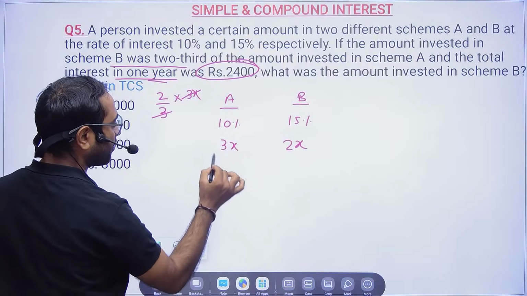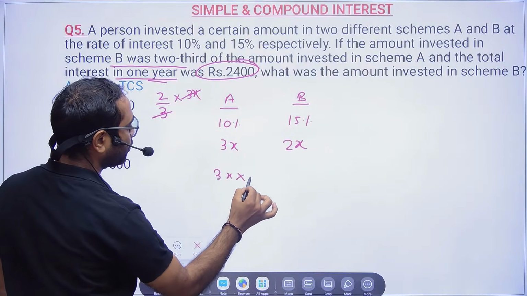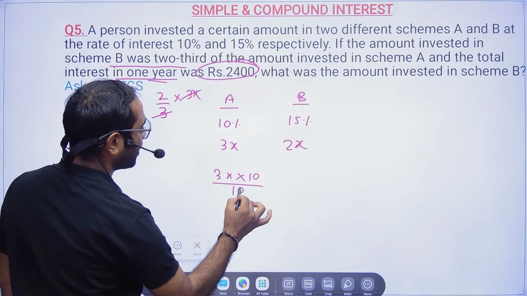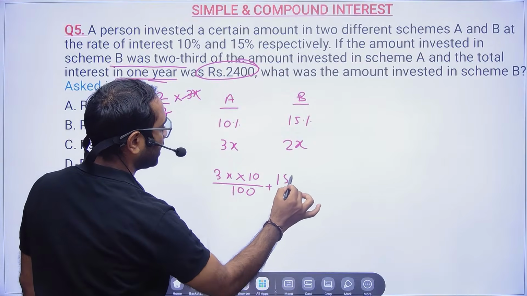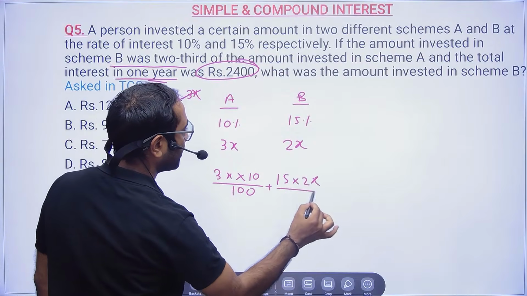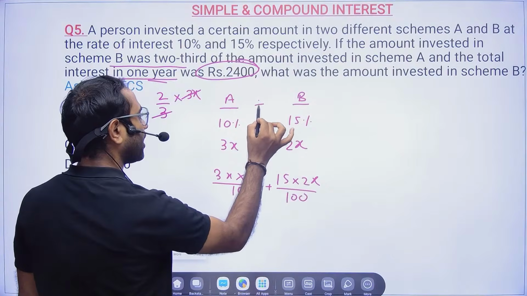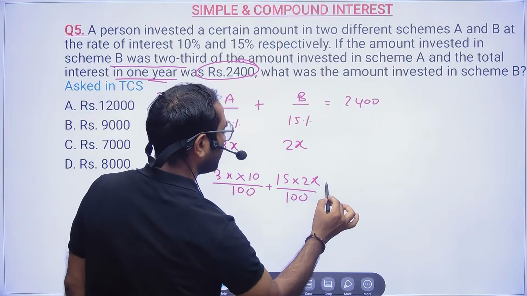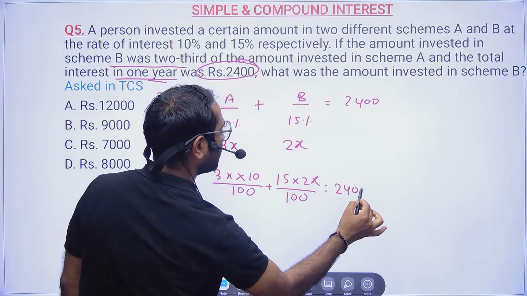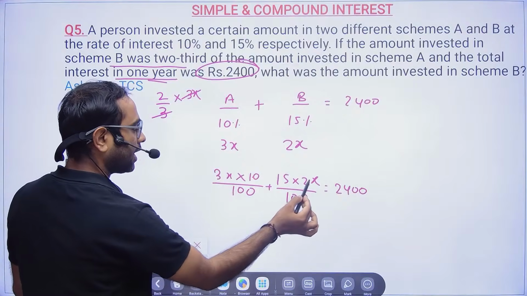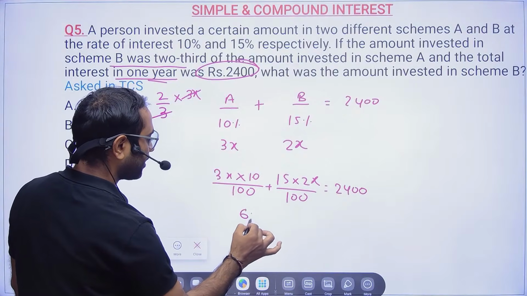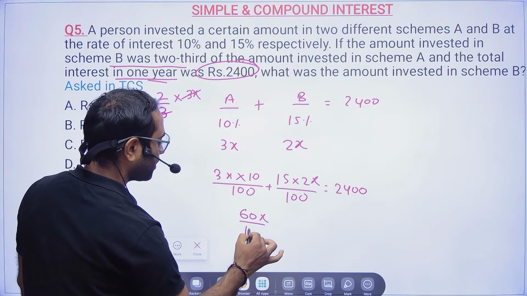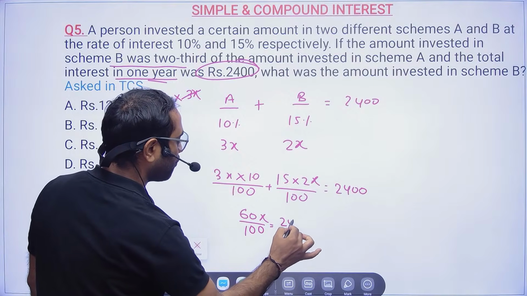So what will the interest be? Principal into rate, time is 1, divided by 100: 10 into 3x divided by 100, plus 15 into 2x divided by 100. So simple interest for A and simple interest for B, total is 2400. Now you see, this is 30 and this is 30, so 60x by 100 is equal to 2400.